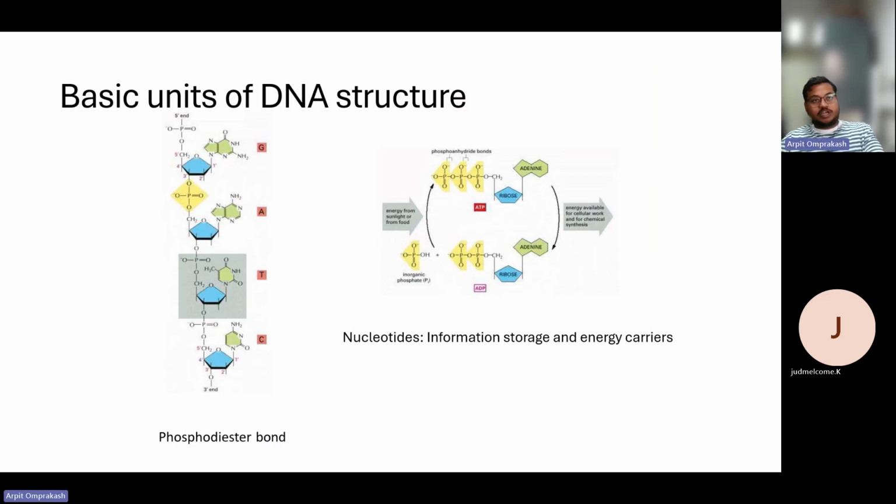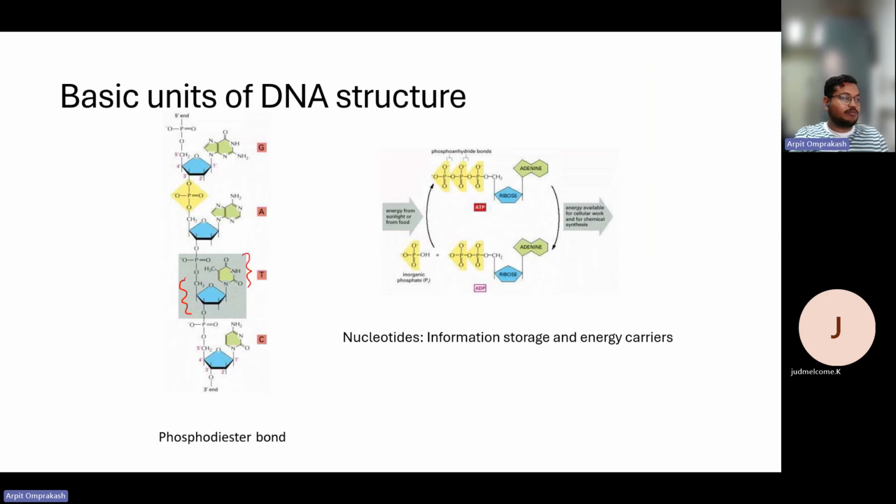So in biomolecules, we talk about different biomolecules. The first one we talk about is DNA. A DNA molecule is basically made up of three things. The first thing is the sugar, which is called a deoxyribose sugar. Then we have a nitrogen base.